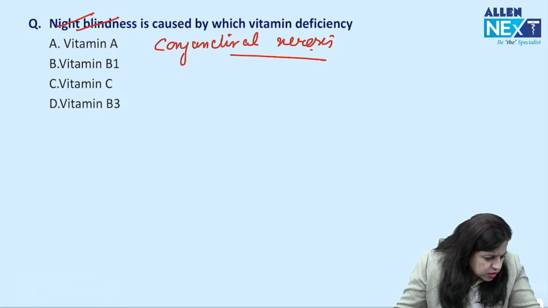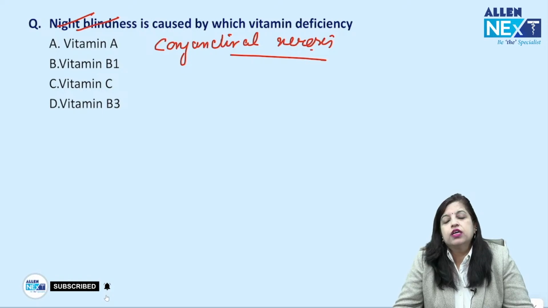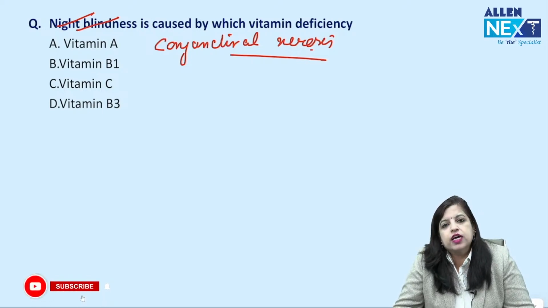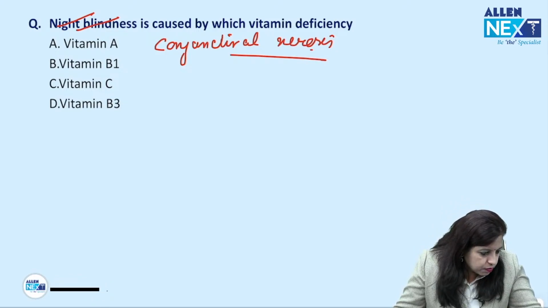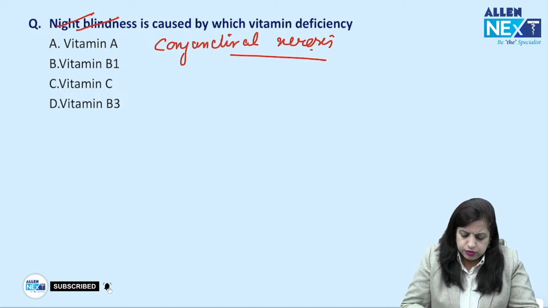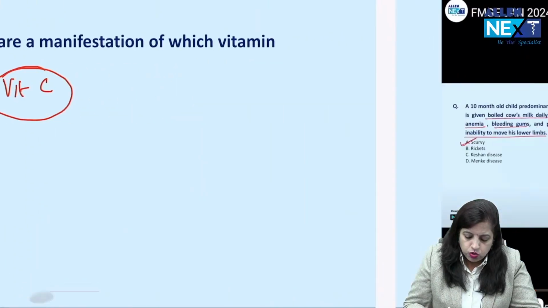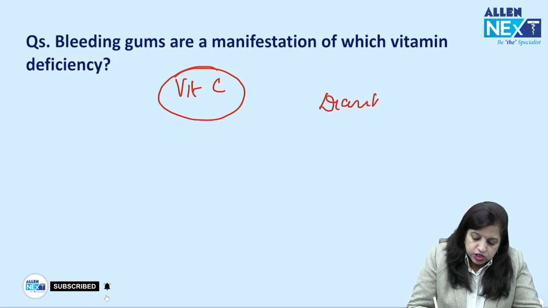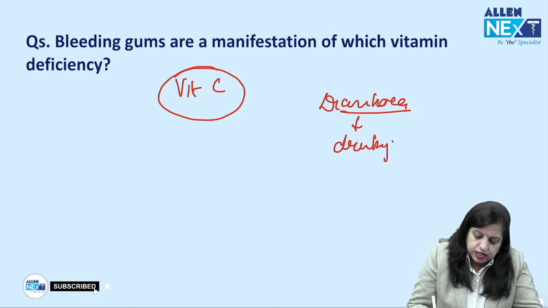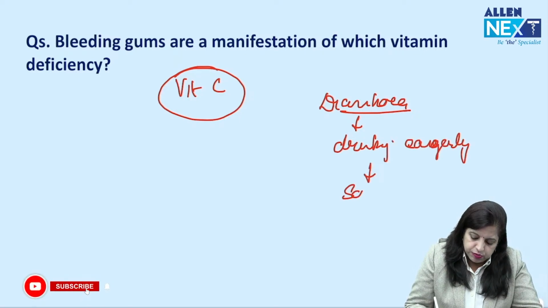Yes ma'am, some stage of diarrhea was asked. Can you just tell me what inputs were given in the diarrhea question, what the clinical features were, then I can help you. Somebody had said, so if the child, very importantly, if it was mentioned in diarrhea that the child is drinking eagerly water, then this is some dehydration, remember that.